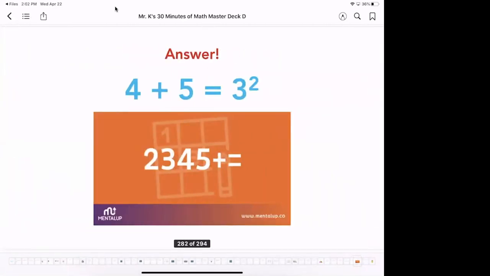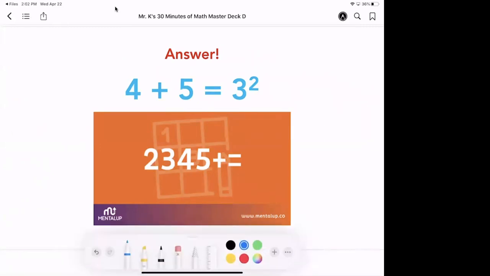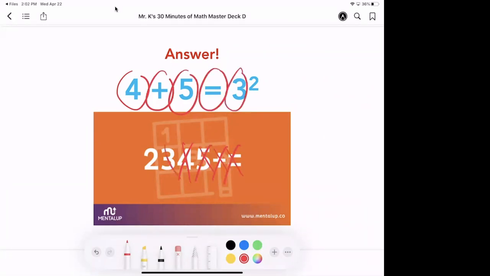There it is. 4 plus 5 equals 3 squared. Let's check everything. 4, there's our 4, plus, there's our plus, 5, there's our 5, equals, good, 3, and then squared.